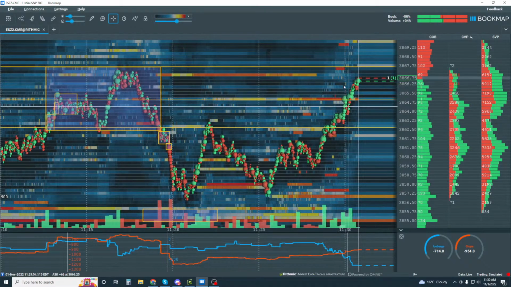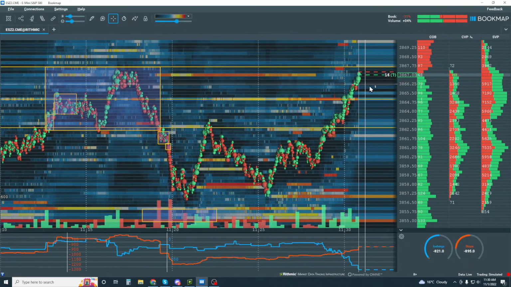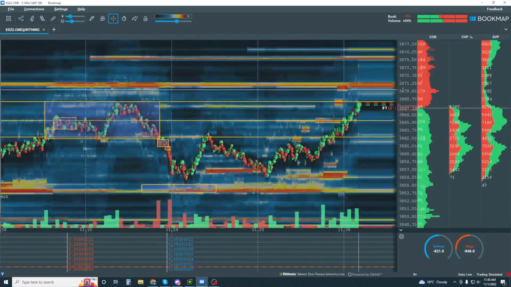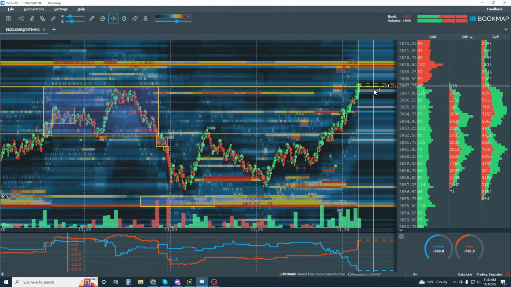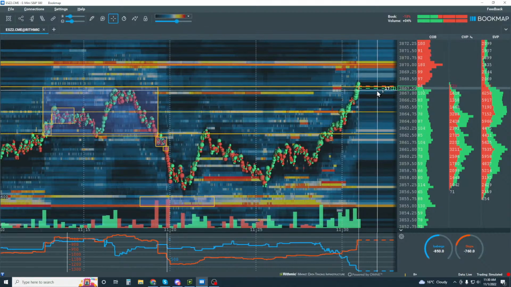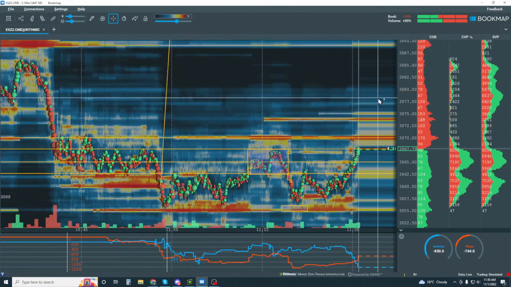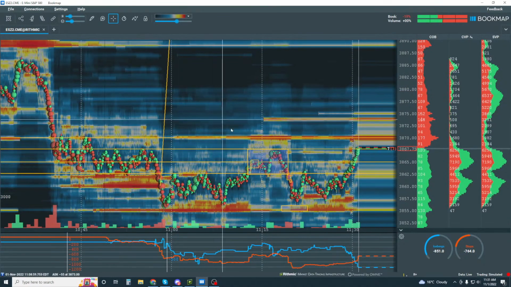So it is impactful. And you will also see many times that the move you were looking for that whole session unfolds after Europe closes.